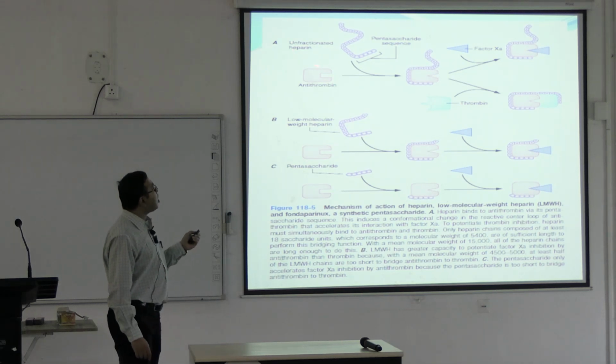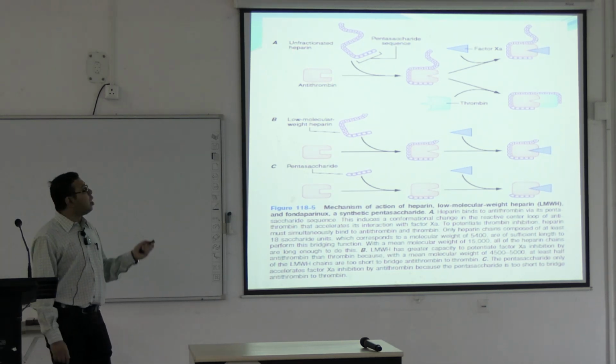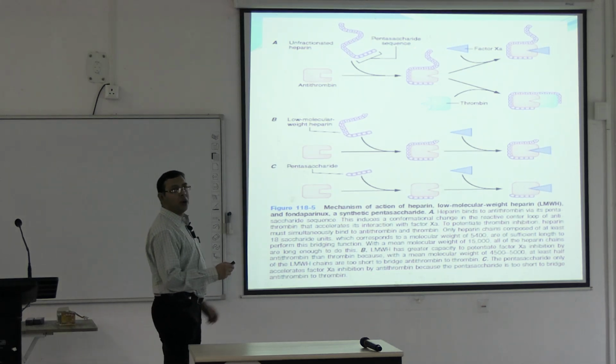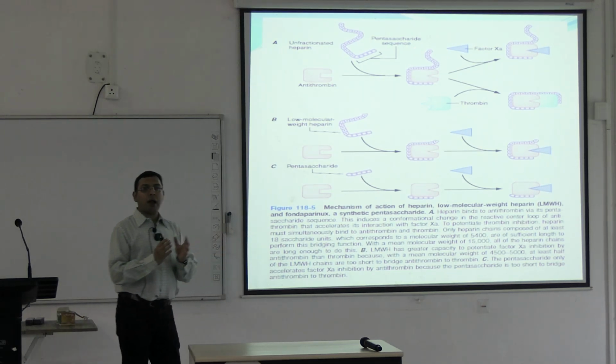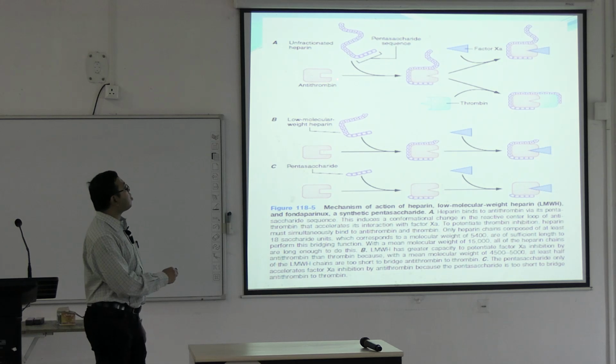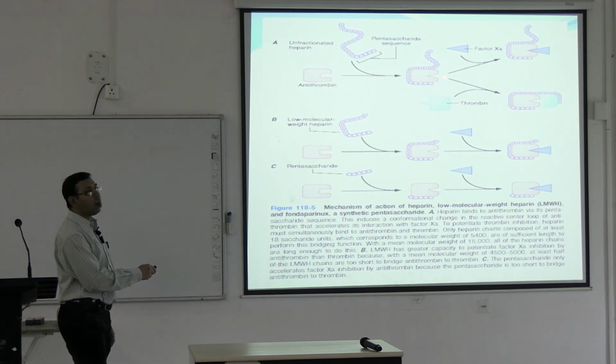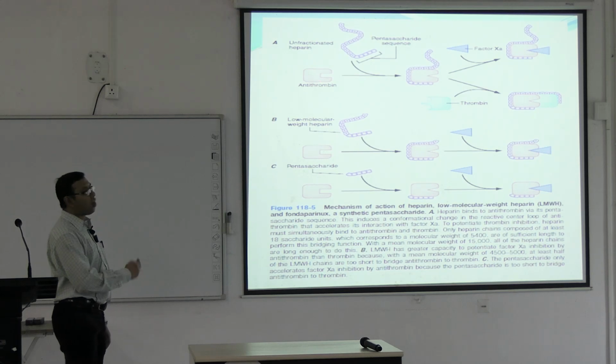Now when this long heparin molecule is given, on one side, when they are attached to one another, there will be a conformational change. You can see this is one conformation, there will be a change in the conformation from rectangle to triangle like this.